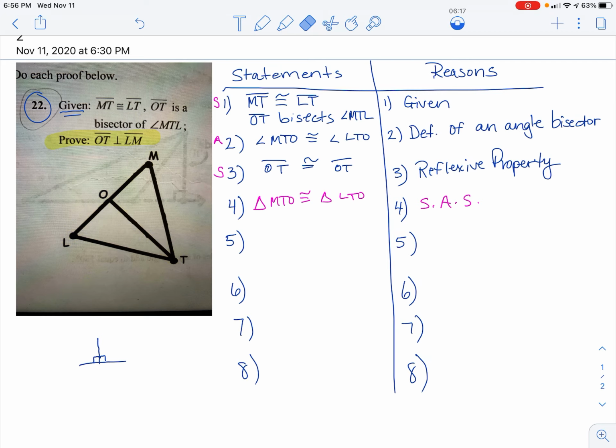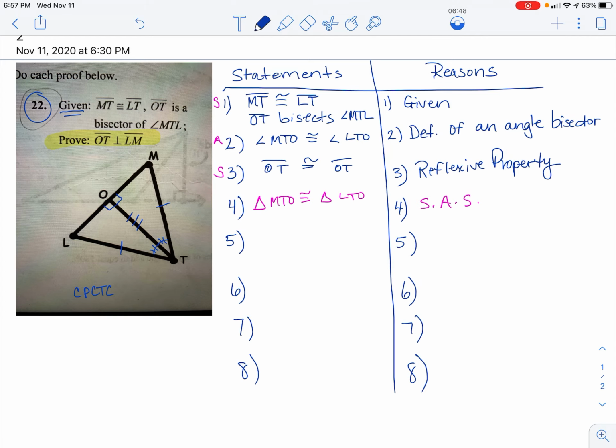So I'm going to get rid of all that stuff here, and we're going to go back and see what we can figure out. Based on the side angle side, I'm going to go back and mark these sides. This was congruent, this was congruent, and my angles were also congruent to each other. That was our side angle side. And CPCTC is what tells us all corresponding parts are congruent. If that's true, then I can say that these two angles are congruent, right?